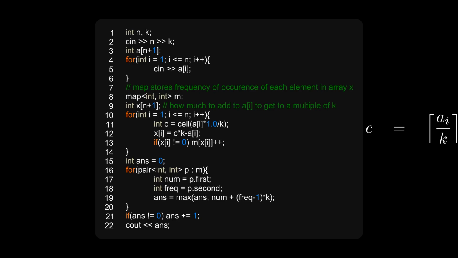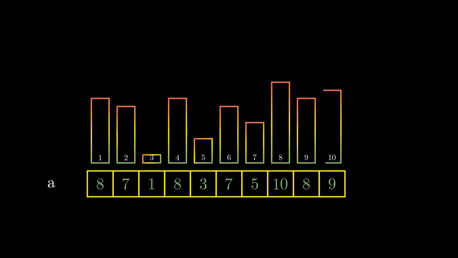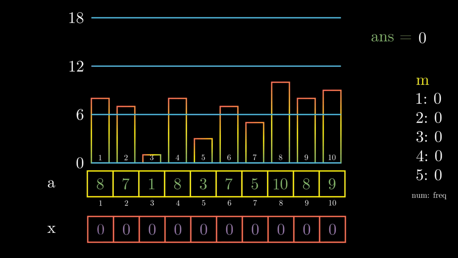Finally, let's see our algorithm in action for the second test case. So this is our array A and X as explained before, and on the right side is our frequency map, and we'll also track the answer variable. Just try to observe how the array X is calculated and counts in the map are incremented.